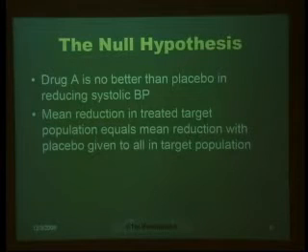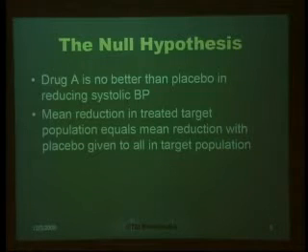So the null hypothesis was, I would say, that drug A is no better than placebo in reducing systolic blood pressure. That means placebo and drug A are equal. Or I can state the hypothesis saying that the mean reduction in the treated target population equals the mean reduction with placebo.